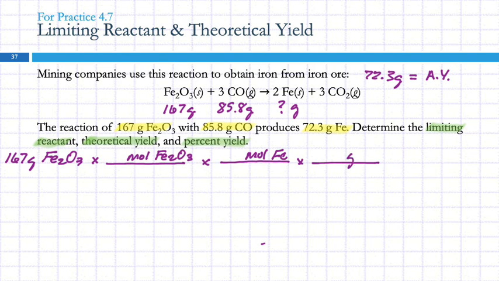And then I'm going to go to grams of iron. I'm going to put the rest of my units in so they cancel out the way they're supposed to. Mole ratio, 1 mole of Fe2O3 to 2 moles of Fe.